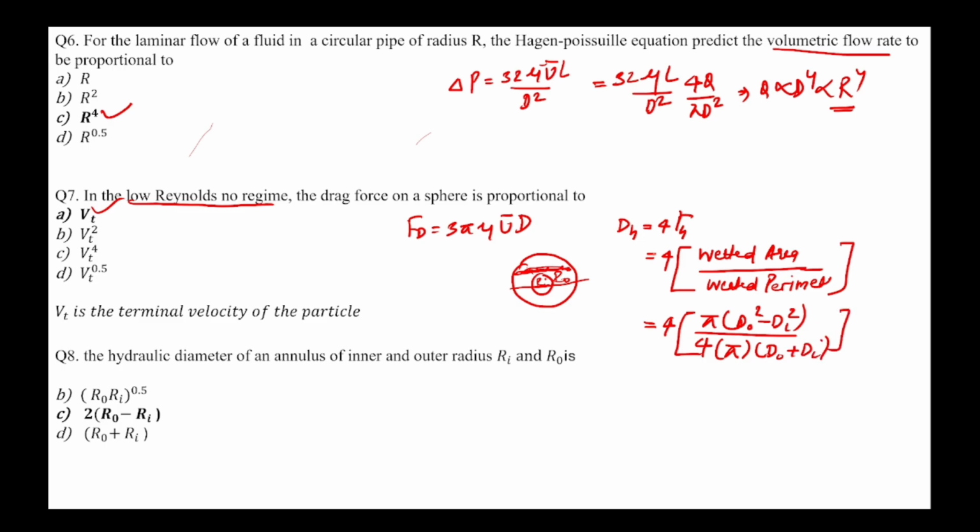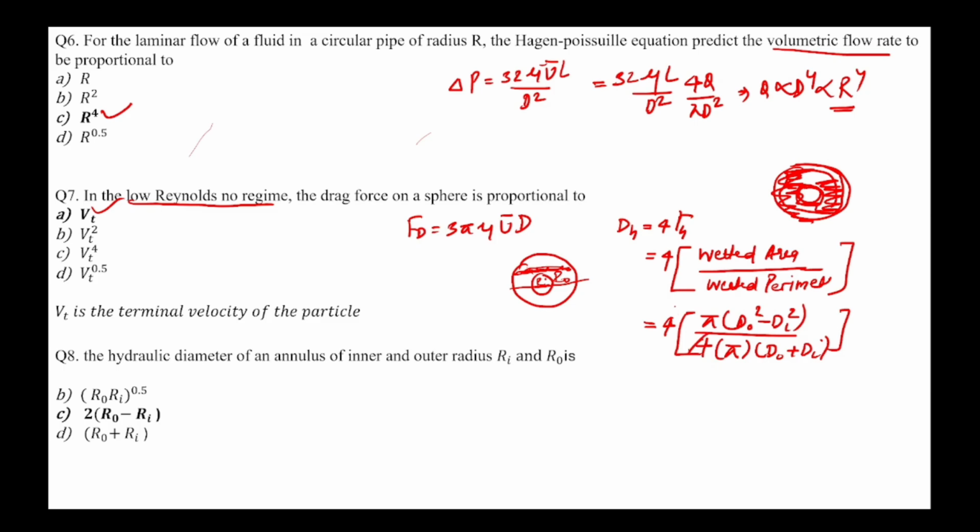See, the fluid is in between the annulus, so it will touch this surface always, outside of the inner pipe and inside of the outer pipe. So perimeter will be the sum of both diameters into pi d, that is the circumference, and area will be pi d square by 4, because in this area the fluid is flowing. But we have to take the area of the annulus, so pi d naught square minus di square.